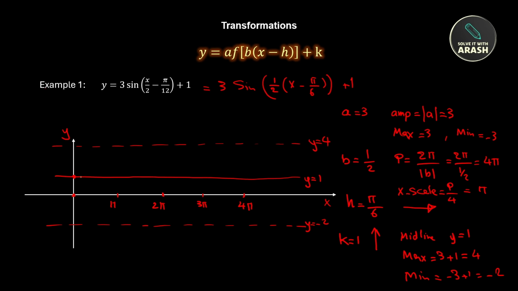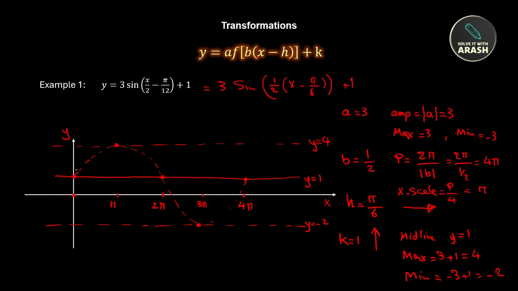In the second key point, it goes up to max, and then goes down to midline again, then goes down to minimum, up to the midline again. Now connect these with a dash line. That gives me the graph without any phase shift. But we know that there is a phase shift of pi/6 towards right.